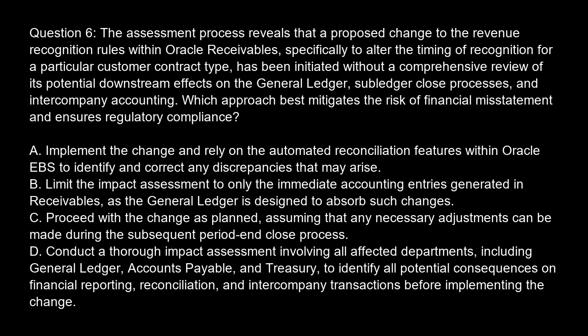Option C. Proceed with the change as planned, assuming that any necessary adjustments can be made during the subsequent period-end close process. Option D. Conduct a thorough impact assessment involving all affected departments, including general ledger, accounts payable, and treasury, to identify all potential consequences on financial reporting, reconciliation, and intercompany transactions before implementing the change.